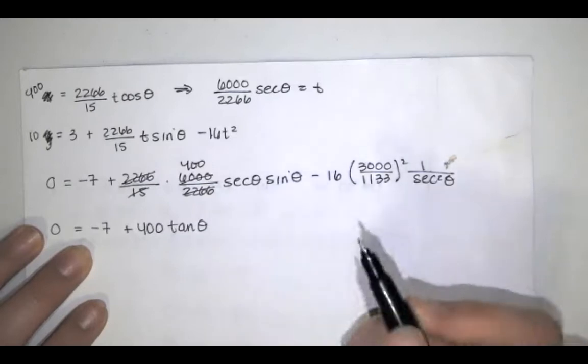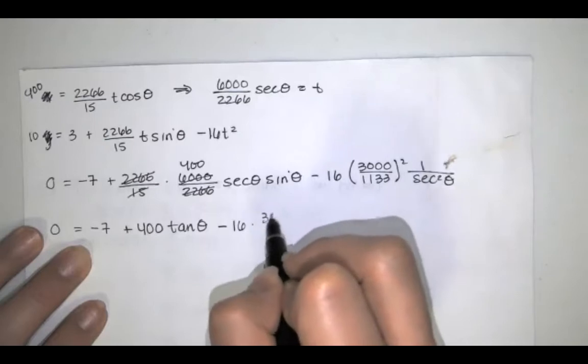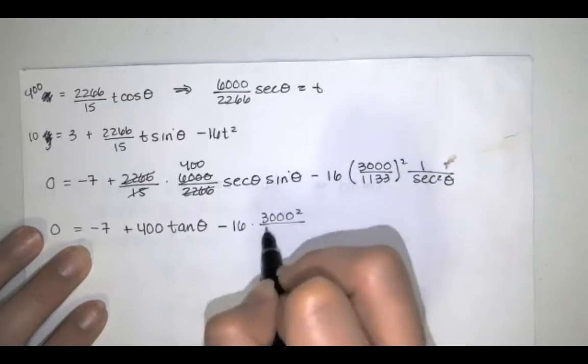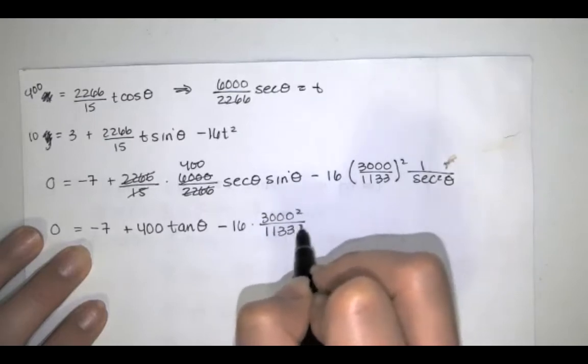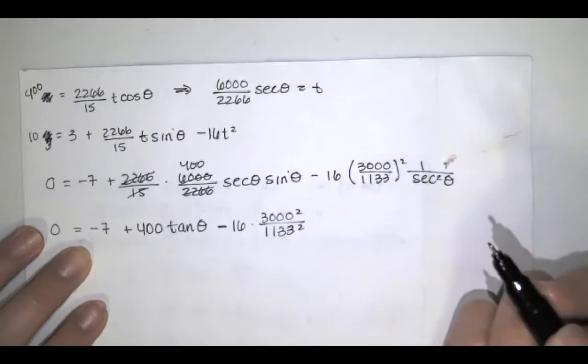And then over here, we've got minus 16 times this 3,000 squared over 1,133 squared, and then 1 over secant squared. I guess we could leave it like that if we wanted to. Or you could just write that as cosine squared, couldn't we?